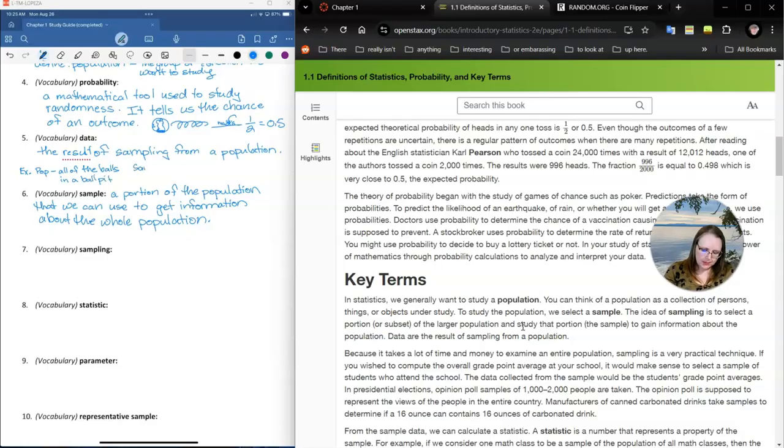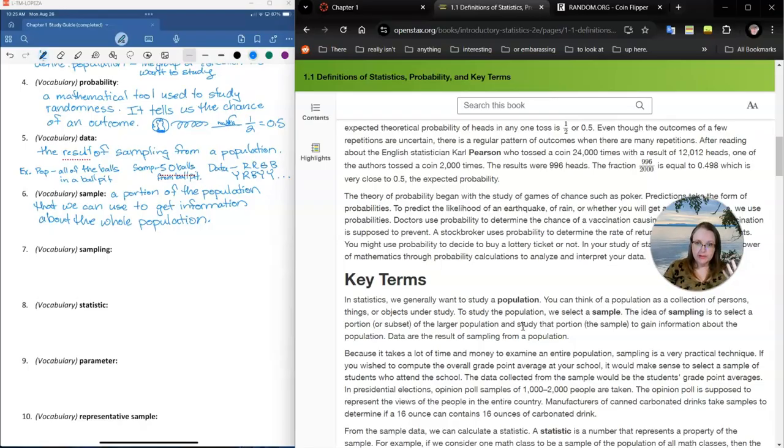The sample is 50 balls from the ball pit, and the data then would be 50 of R, R, G, B, Y, R, B, Y, Y. And those are all of the colors of the 50 balls that I pulled out of the ball pit.